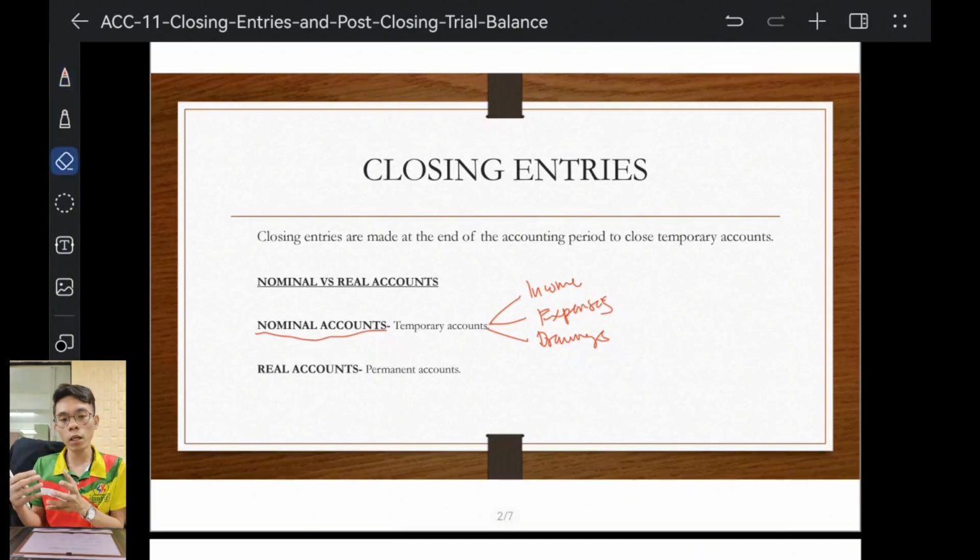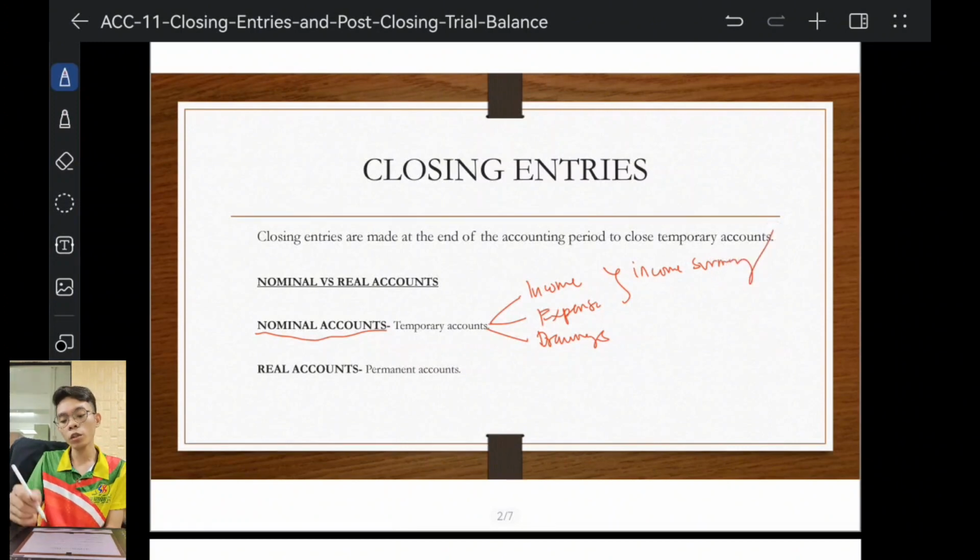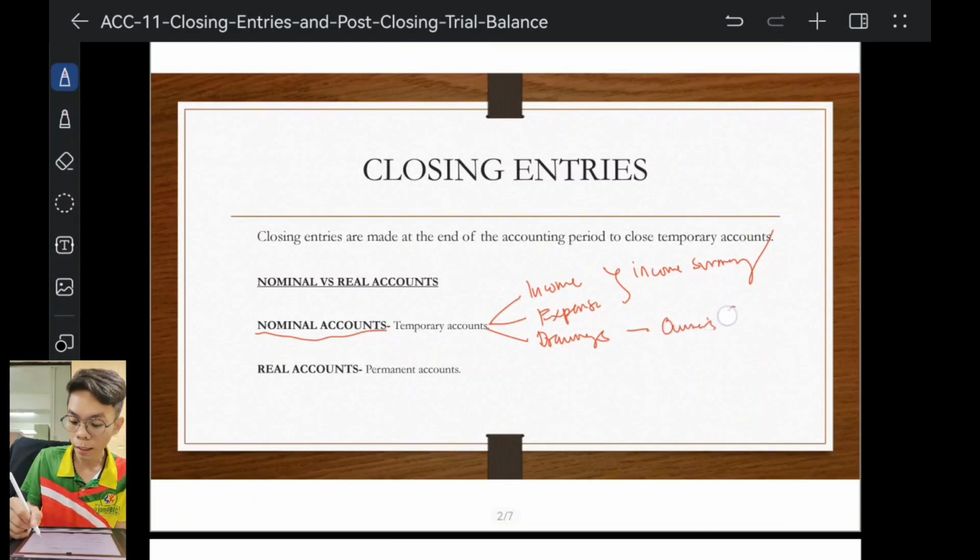Income and expenses that we have recorded during the year will be closed at the end of the accounting cycle. Income and expenses, class, will be closed temporarily to the income summary, while the drawings will be closed to the owner's capital.